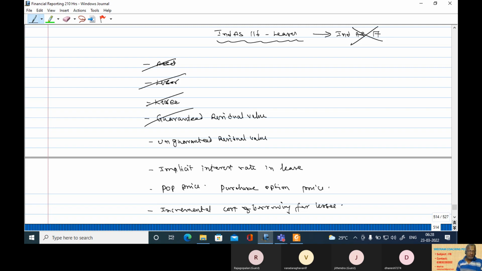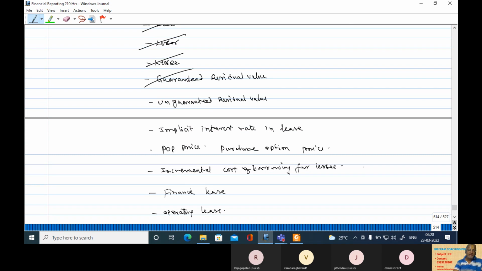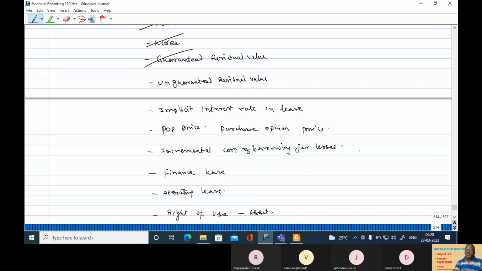value. Then POP, purchase option price, is a very important matter. When the lessor offers the asset back to the lessee at the end of the term at a much cheaper price than the expected fair value of that particular asset, even though the lessee may not be interested in such an old asset, he would exercise the option and sell it to an outsider and make a profit.